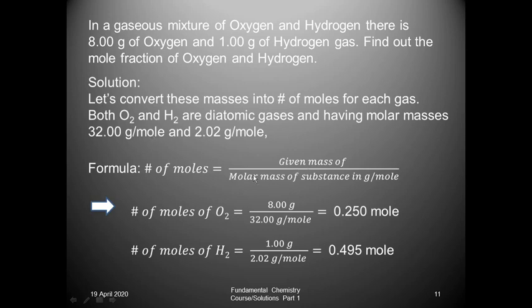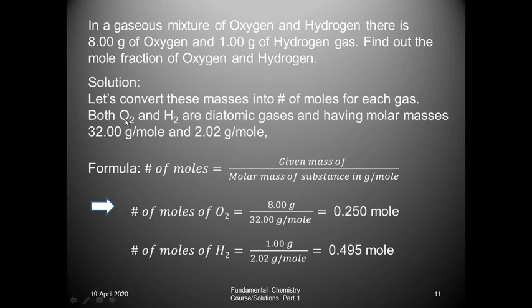So to find the number of moles, you must know the molar masses of oxygen and hydrogen. Try to use values of molar masses at least to 2 decimal places, or 2 significant figures, so that it will give you more accurate results.